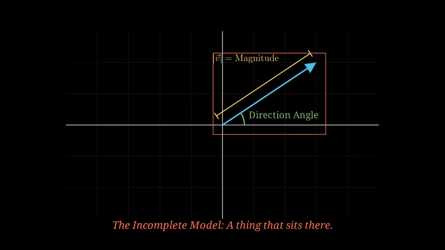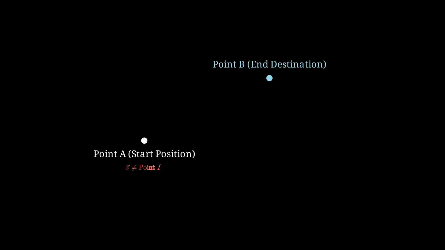Let's strip away the grid entirely and look at two completely independent locations in space, point A and point B. They are just static positions. A vector is not point A. It is not point B, and it isn't a static distance between them.